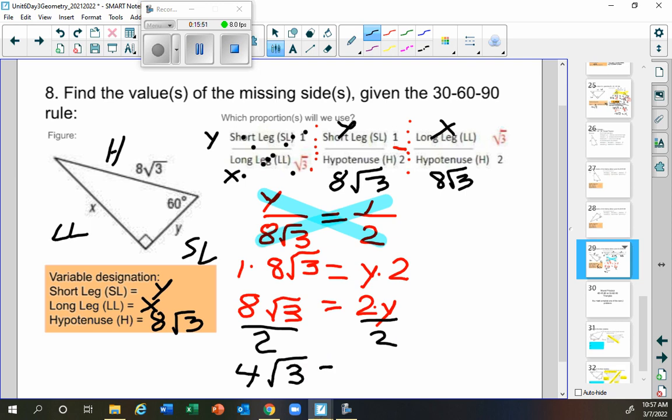And that equals y. Okay. So now we have the first one. So the short leg is 4 square root of 3. So this is our short leg right here.